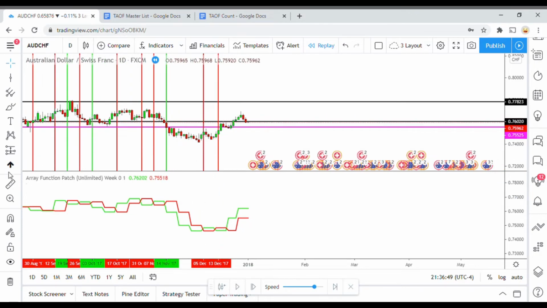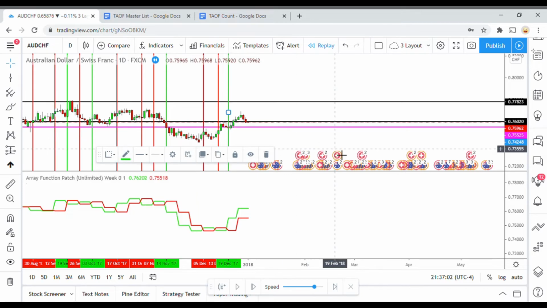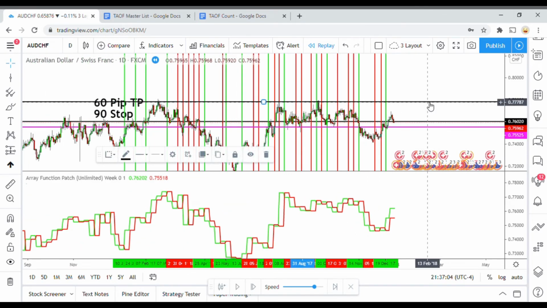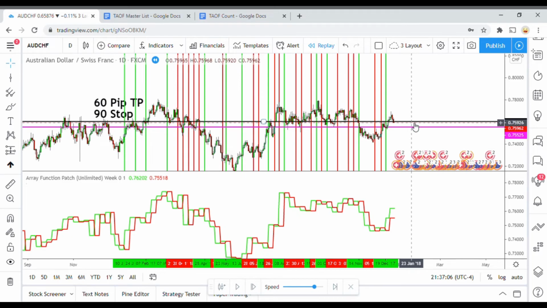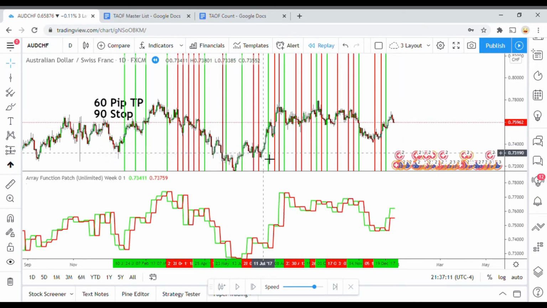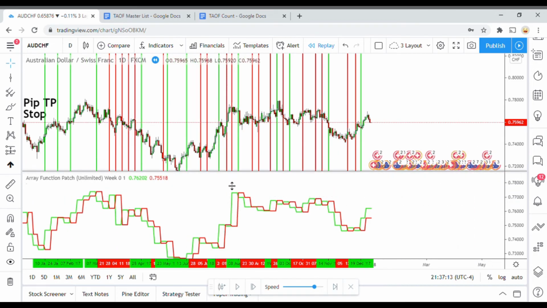See if that long can edge its way up some. So right here, yep, we would have gotten take profit on that one. Alright, so there we go. Yeah, I can already tell that this is a little bit of an over trader.